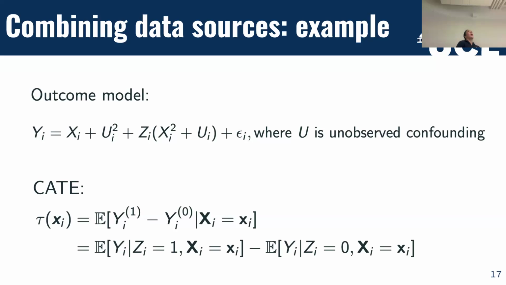Imagine it might be, am I female or male? And then depending on that, you know whether you're going to get the treatment or not. So what we're going to have is xi plus ui squared plus u times xi squared plus ui. When we fit it, it will be very confusing for the model what's going on, because you basically have the U on its own, but also the treatment, and it would become a problem. Is that what you're pointing out?